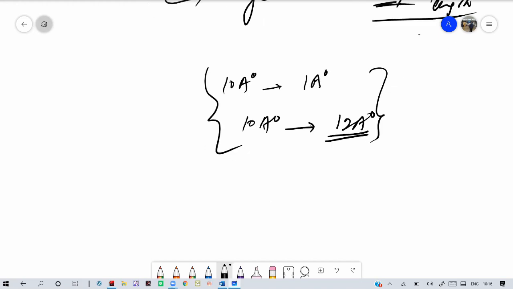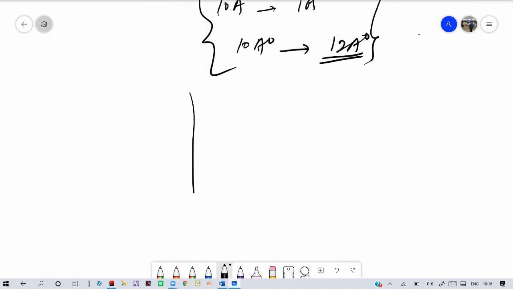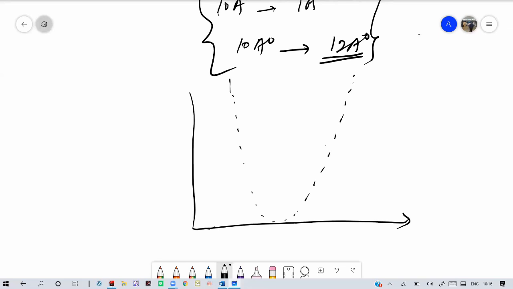So when this happens, the harmonic oscillator curve, the energy versus internuclear distance R curve, which was like this, now goes like this.